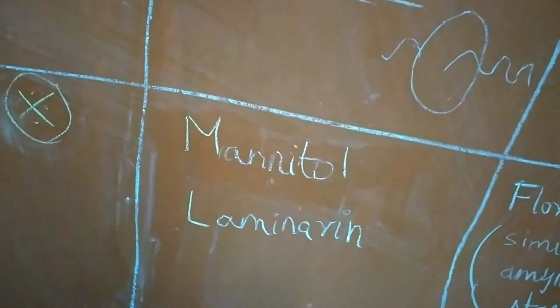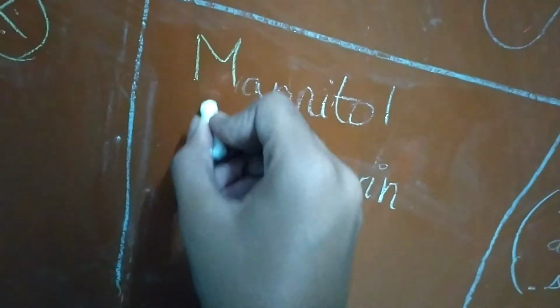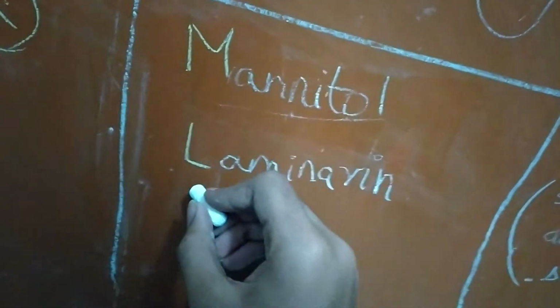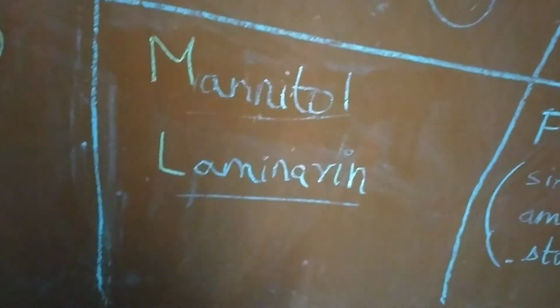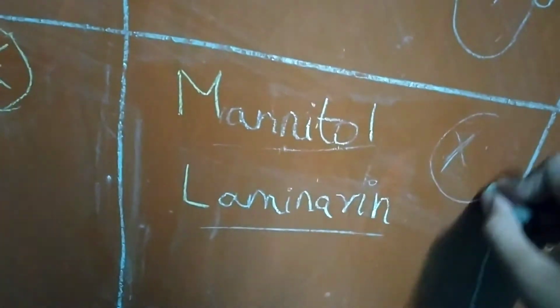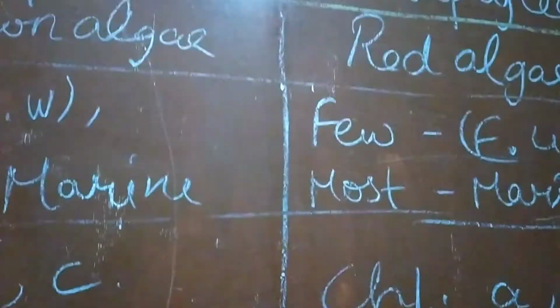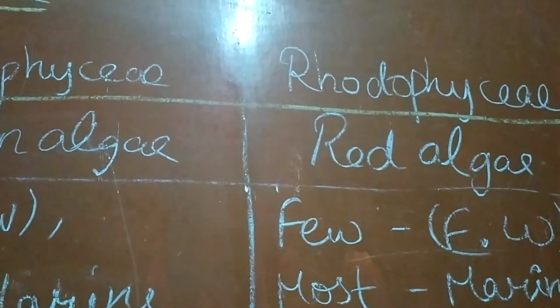The food stored is mannitol and laminarin. M and L. ML. Mannitol and laminarin. Okay, these two are important. Mannitol and laminarin.